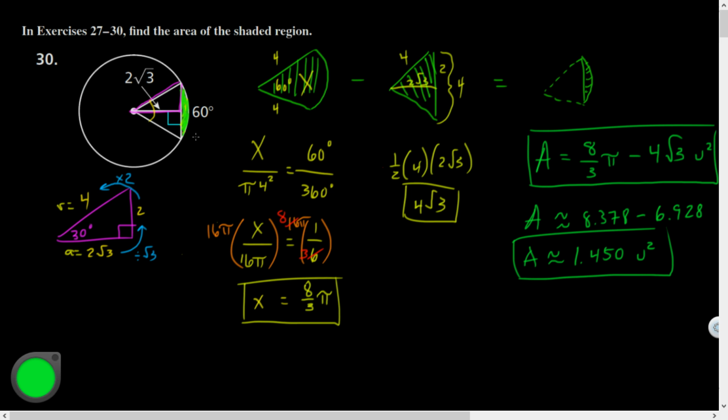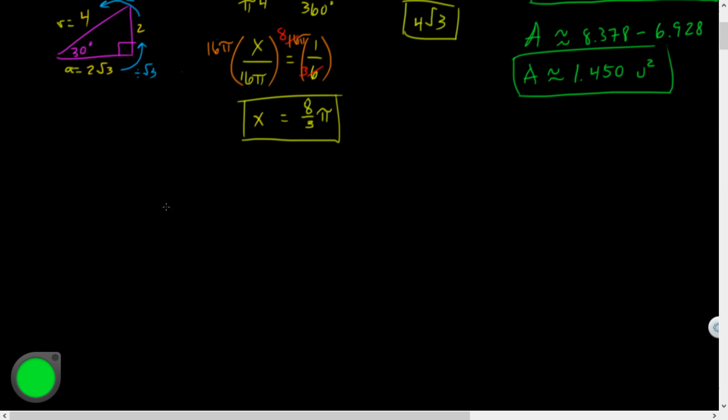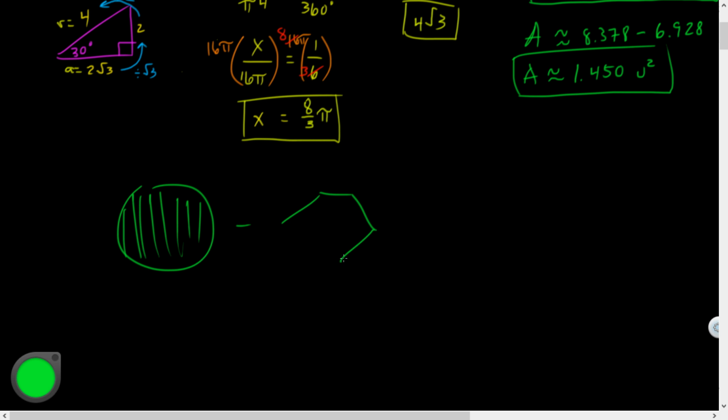All right. It is possible you could have imagined an entire hexagon here and subtracted from the entire... Actually, let me just draw that out. What if I took the entire circle and subtracted the area of a hexagon, and I did 1/6 of that?